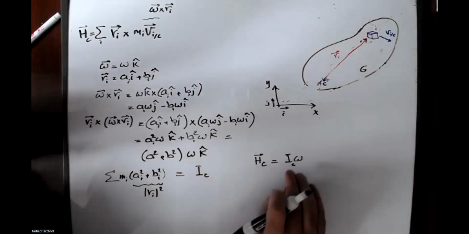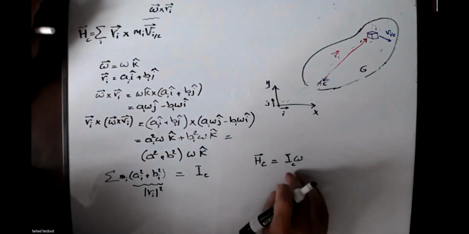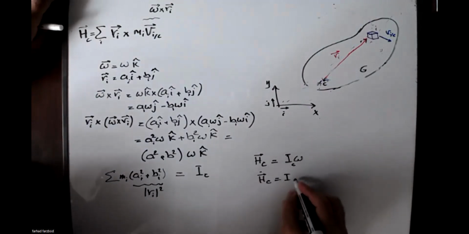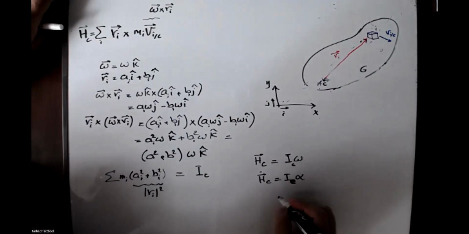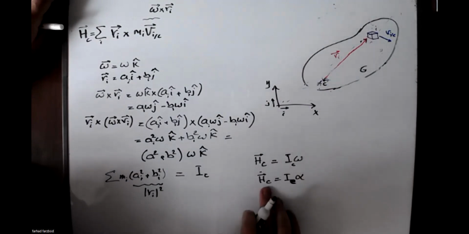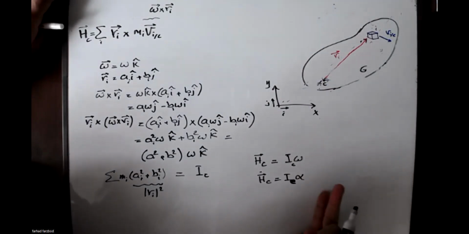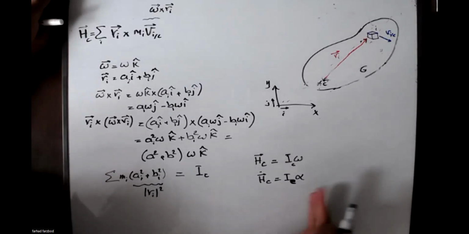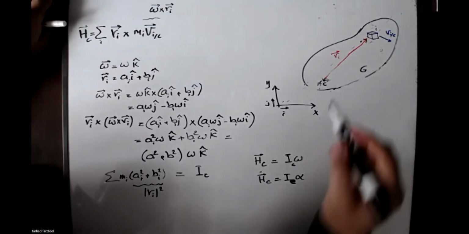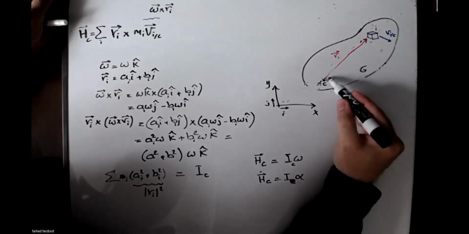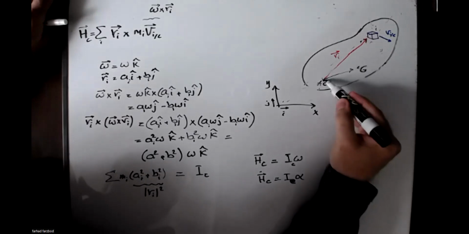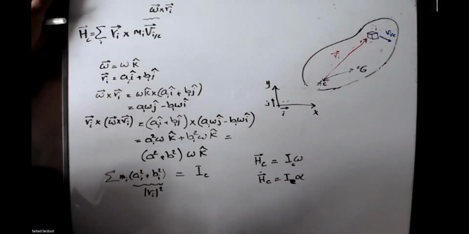Don't forget that when we do the derivative of that, then we have another term. And if C is not center of mass, we can't write IC alpha. We can't write this generally. So C has to be either center of mass or stationary point, or a point that the acceleration is along the line to the center of mass, the acceleration of C should be along that RICG.